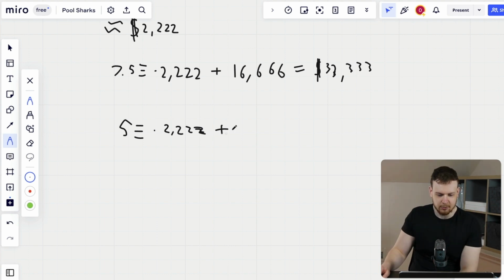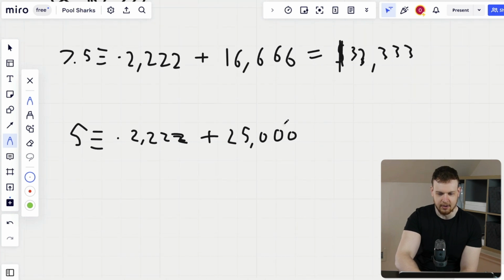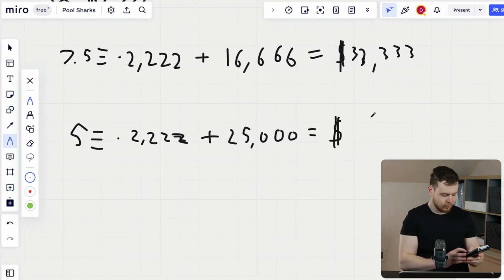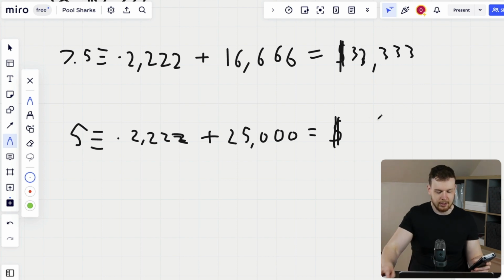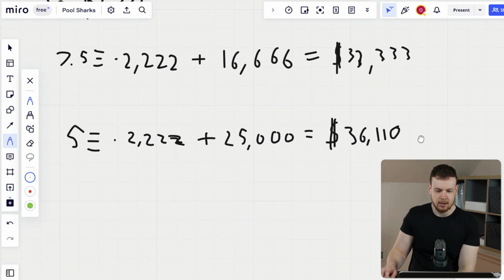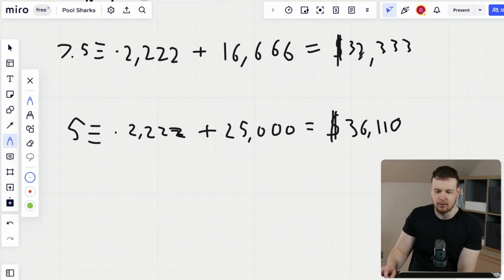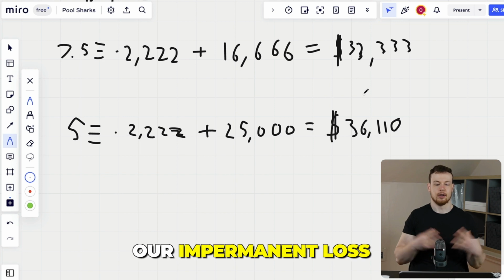And then we also have our original 25,000 DAI that we had deposited into the pool. This is going to leave us with 5 times 2,222 plus 25,000, roughly $36,110 of value. And so this delta right here is called our impermanent loss.